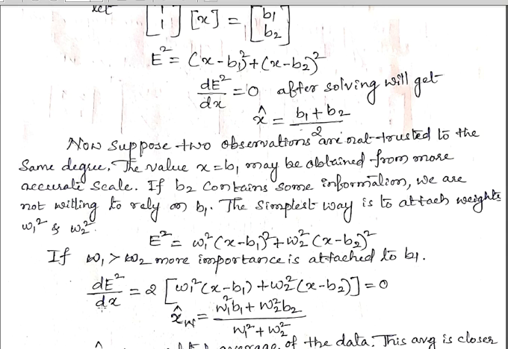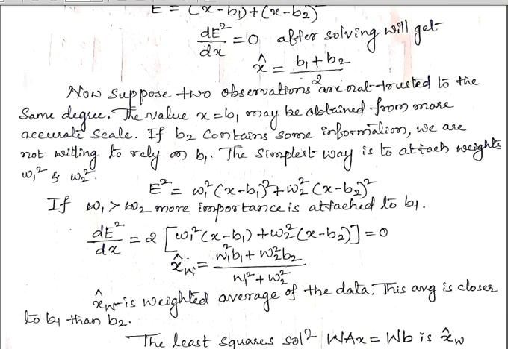And when we square it and differentiate it, the differentiation giving us 0 would be our best point as per the previous knowledge. So the differentiation of this one will give us this result. So here x cap is the best solution, but in terms of weights we write it as x w cap.